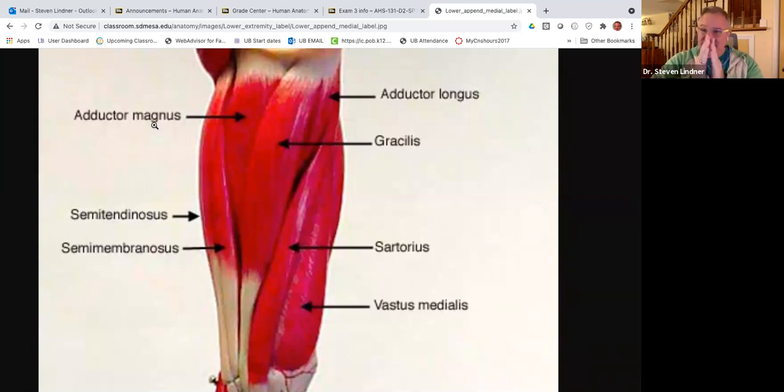Remember the deltoid, we said there's anterior fibers, middle fibers, and posterior fibers. The adductor magnus could be set up the same way, with anterior, middle, and posterior fibers. So it can flex the hip, it can extend the hip, it can adduct the hip, it can medially rotate. It could do so many different things, much like the deltoid.